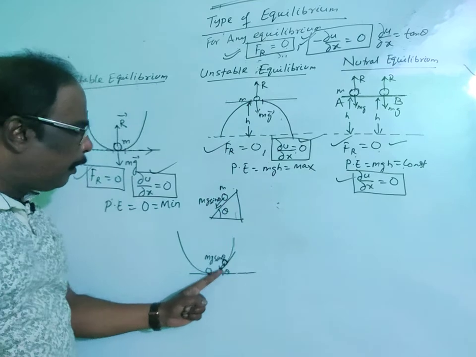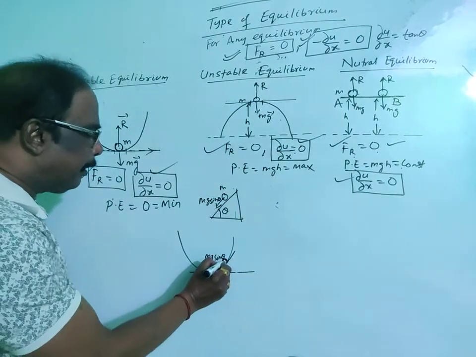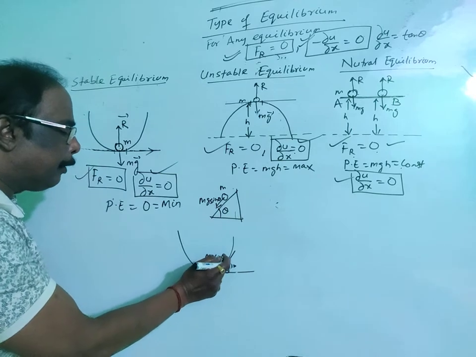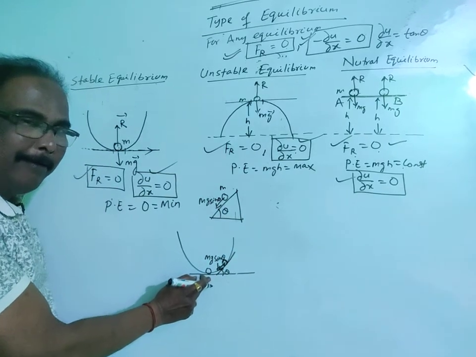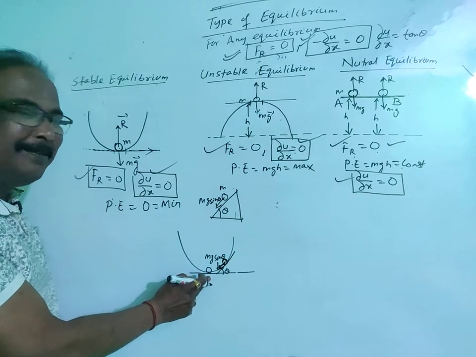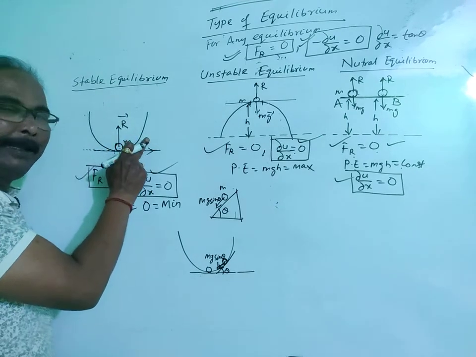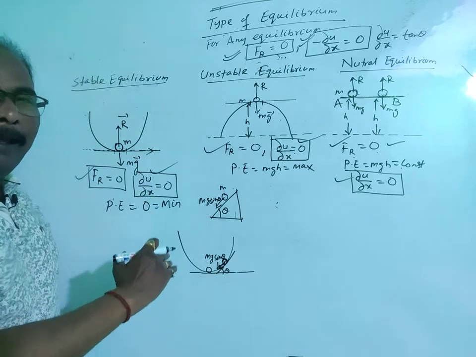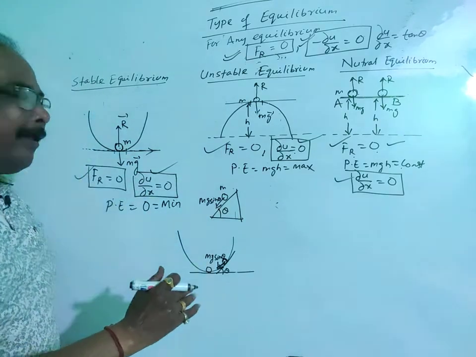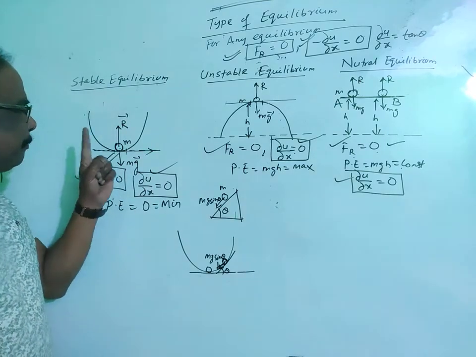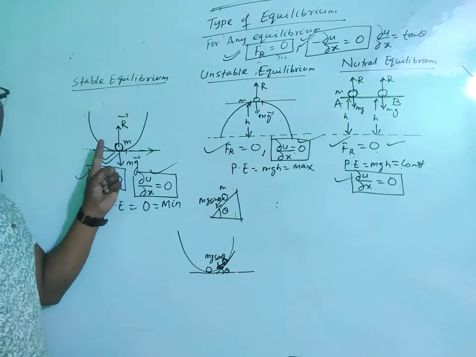If the ball is tilted a little, then component of gravitational force mg sin theta will bring it back to the original position. Means if this body is tilted slightly, it will again return to its original position. So this is the position of stable equilibrium.